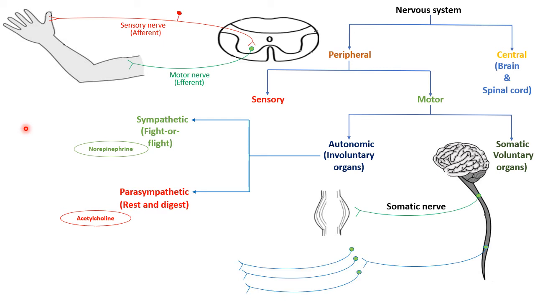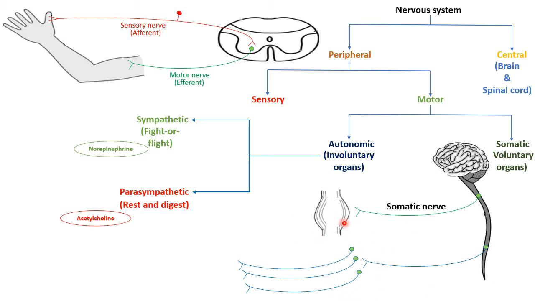They first innervate other nerves before innervating the intended involuntary organ. There is a relay that happens here to the signal.